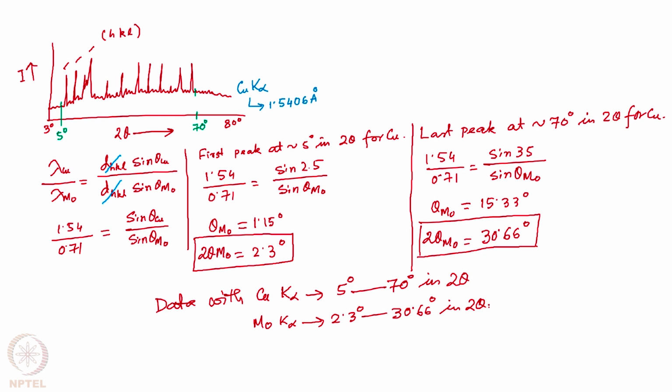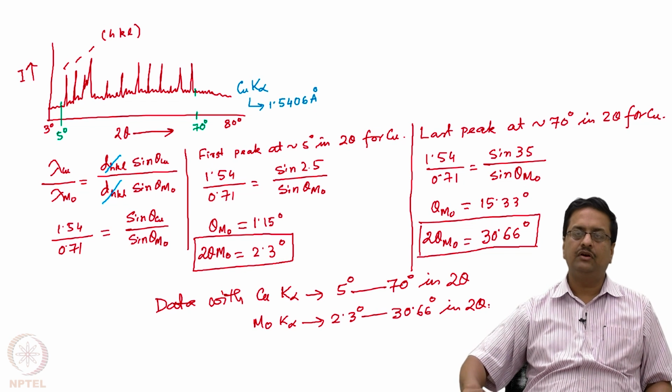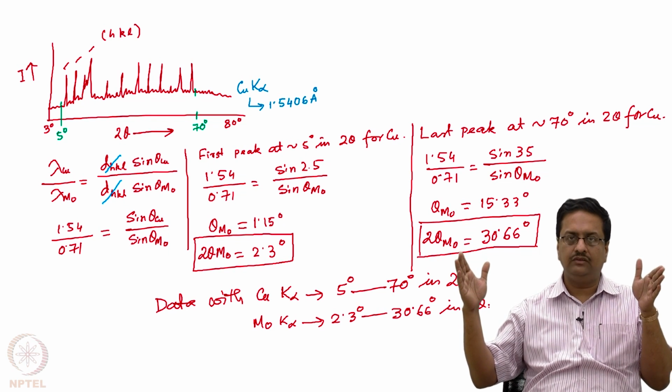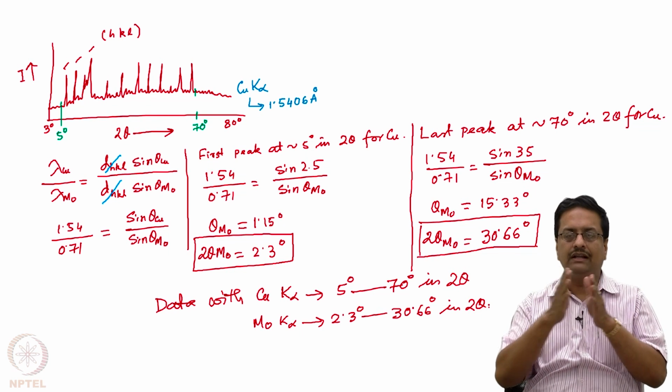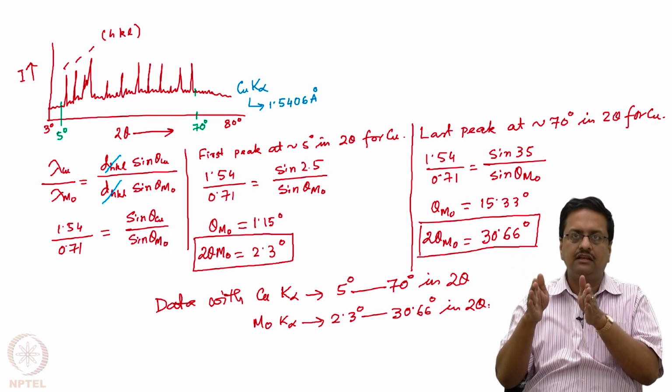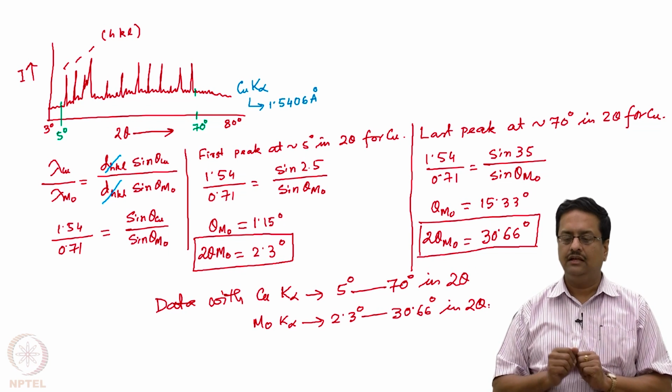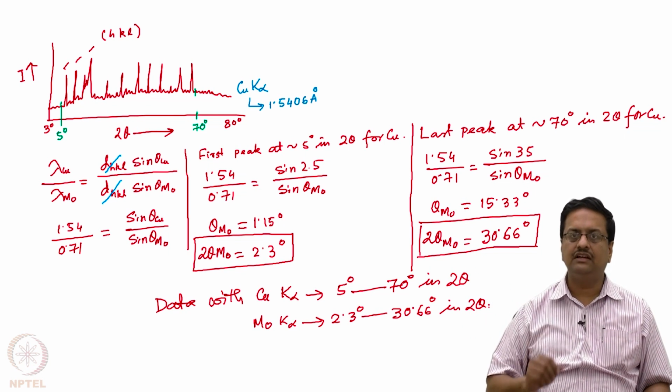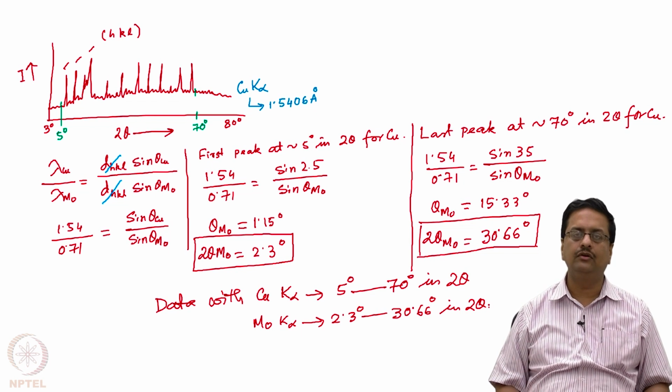What does it mean? It means the powder pattern, which was quite broad over a range of 2 theta using copper, is now squeezed into a small region of 2 theta, and it appears as if the peaks are very close.